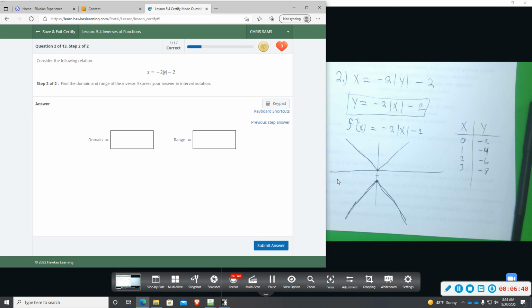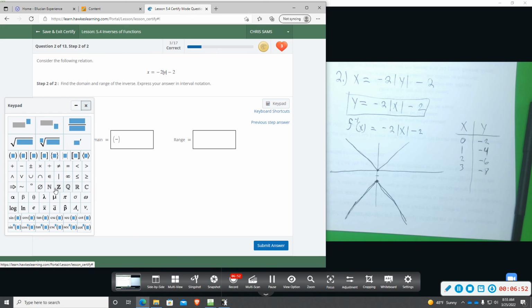And from here, we can tell that our domain is going to be all real numbers. So domain, and this is the inverse, and that's what they want: negative infinity to positive infinity.